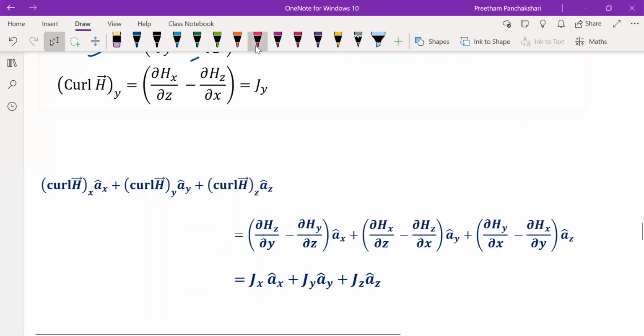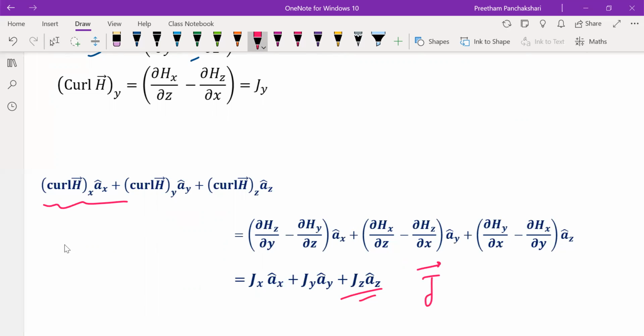So in this step, all these three components put together, I can write vector J. Similarly, all these three components put together, we can write curl H. But if you observe this middle term, the term with the partial derivatives, a careful observation tells that these terms are the outcomes of the solution of a determinant.